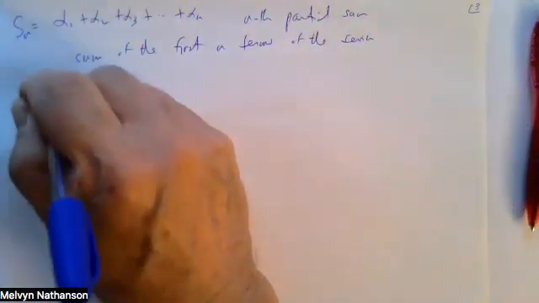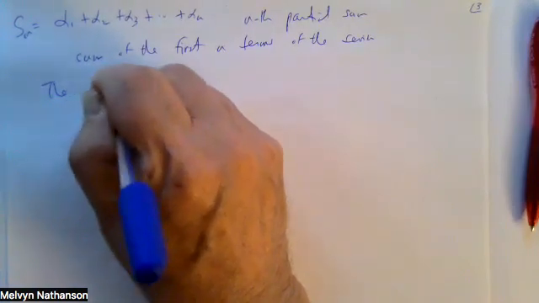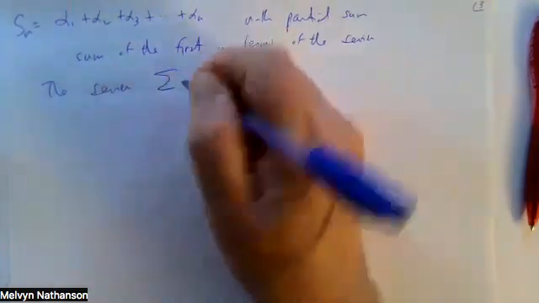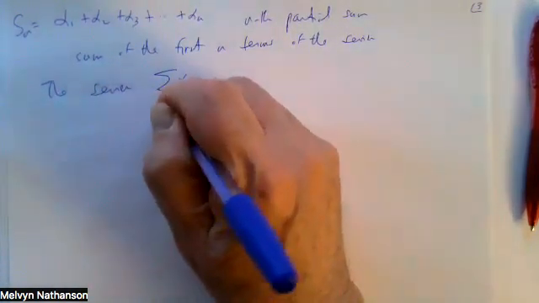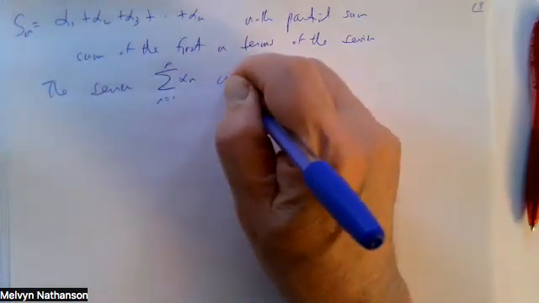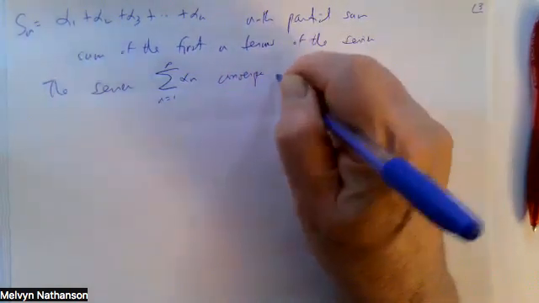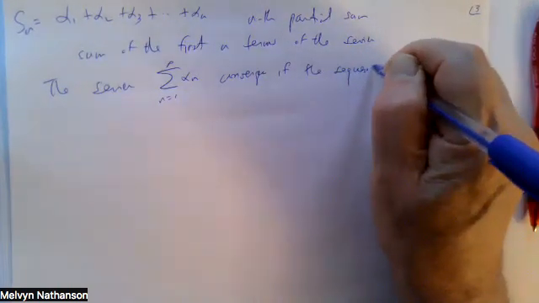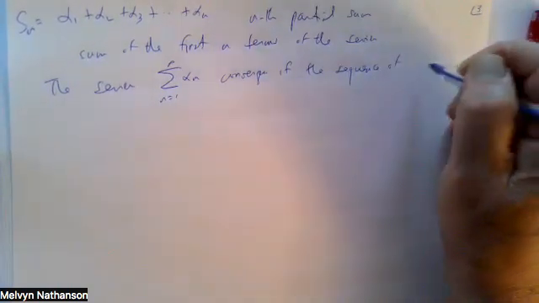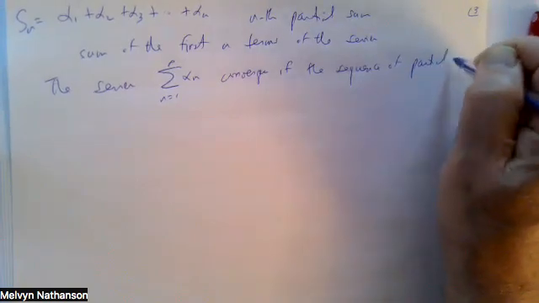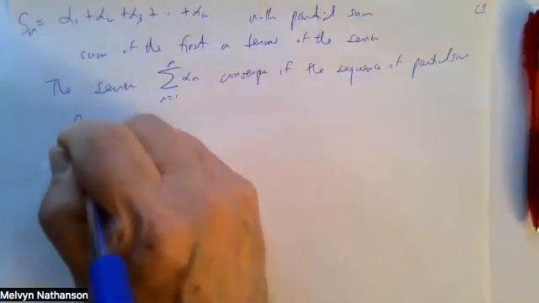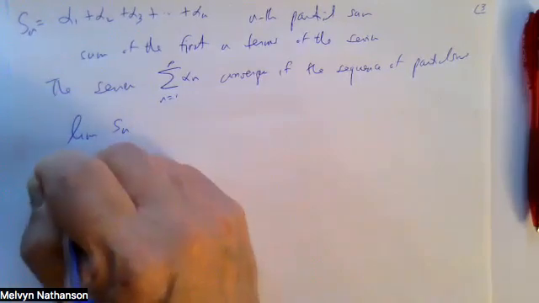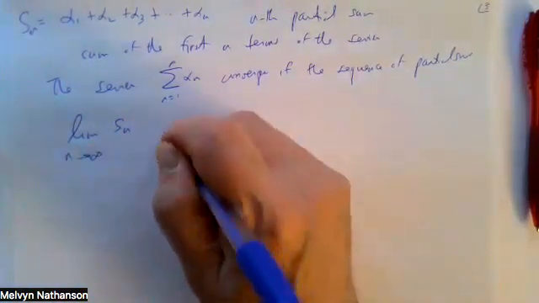And we say the infinite series, which you usually write as summation alpha n goes from 1 to infinity, converges if the sequence of partial sums, that is the limit of these partial sums as n goes to infinity, exists.